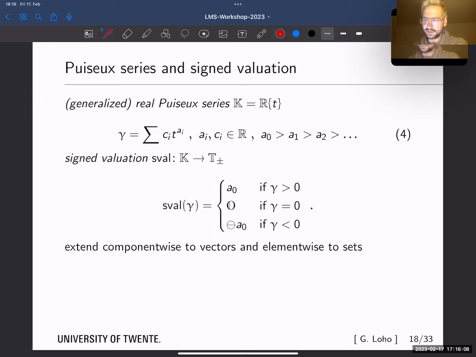Again, I don't want to think too much about which version of Puiseux series to take. Let's for now take something like generalized real Puiseux series. I want it to be real because I want to have an order, and the order is given by the leading coefficient. So if that is non-negative, then my real Puiseux series is non-negative, and so on.